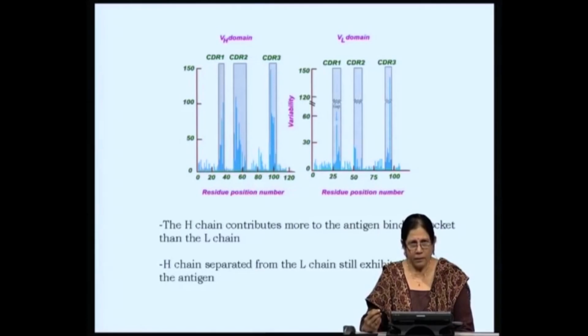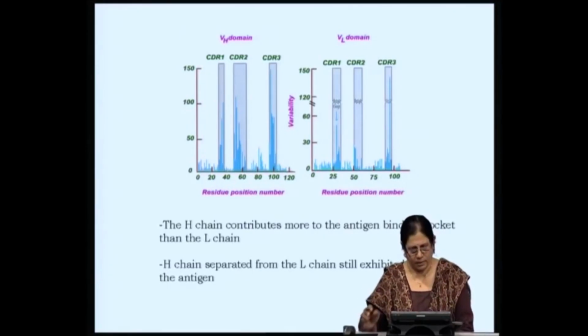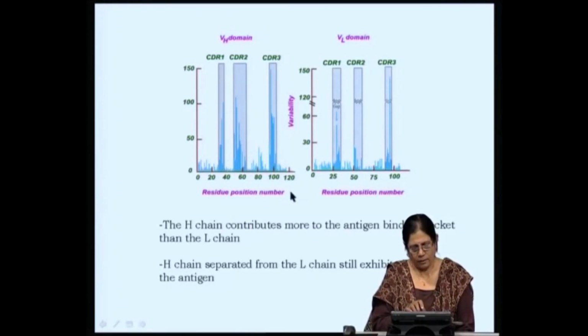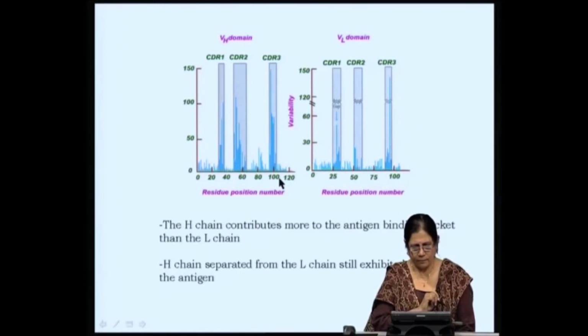When people analyzed these variable sequences closely, they tried to see how variable these variable regions are. They did a very simple analysis, which is shown here. First of all, they could see that the variable domain was around 110 amino acids from any and every myeloma protein, both heavy as well as light, approximately 110.